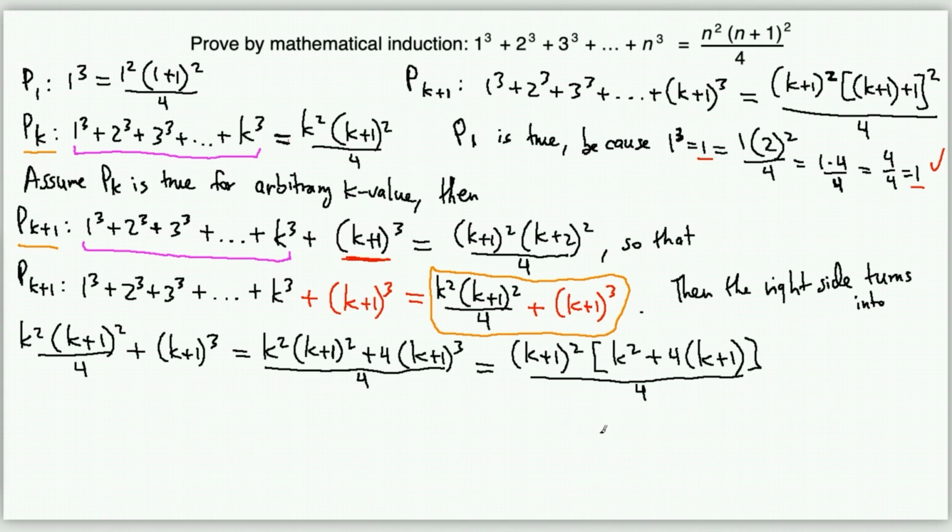So now what happens is we get (k plus 1) squared, and this turns out to be k squared plus 4k plus 4, right? k squared plus 4k plus 4 divided by 4. The good news is that you can factor this, this is a perfect square trinomial, right?